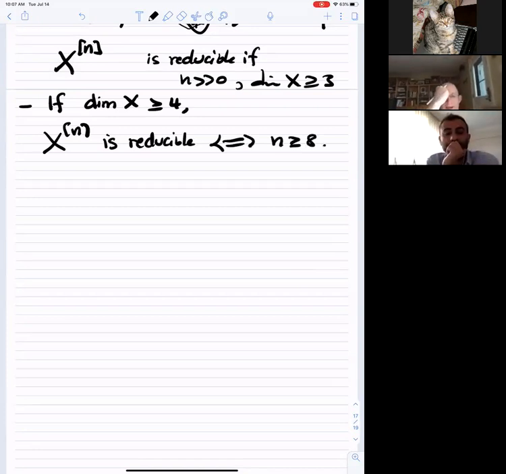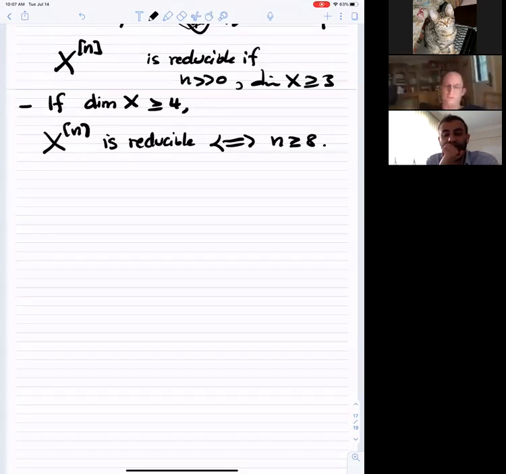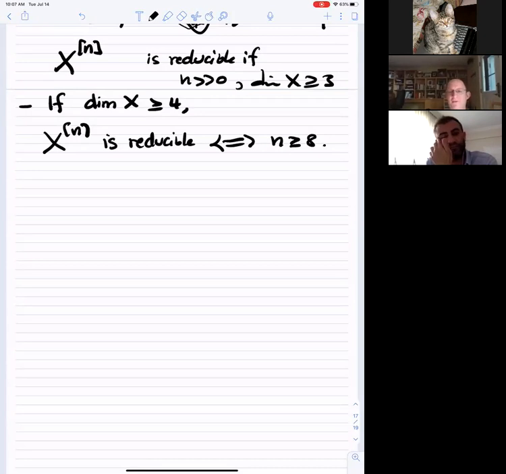Okay? If the dimension is at least 4, we know exactly when these X^[n]'s are reducible and irreducible. If you have few points, they are irreducible, and the moment they have enough points, they become reducible. And if the dimension is at least 4, enough points means n equals 8. And this is sharp, it's an if and only if.